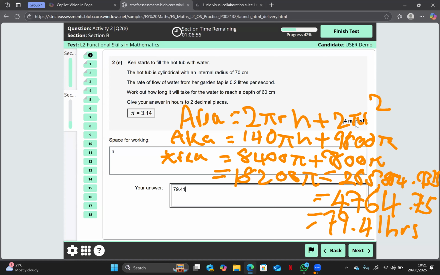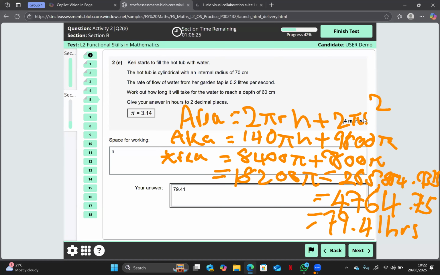And then to work out 2 pi r squared, the radius squared, 70 squared, is 4,900 times 2, which is 9,800 pi. Then we added both together, which gave us 18,200 pi, which equals 285,884 seconds.